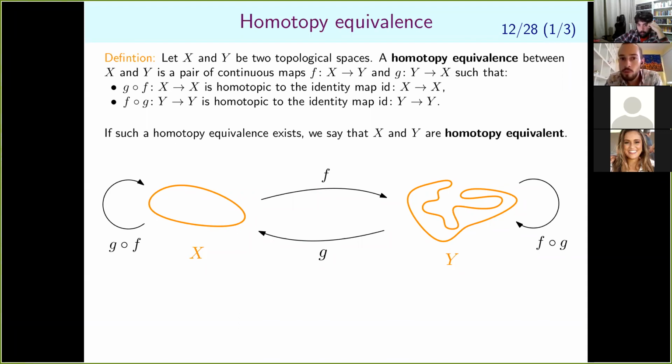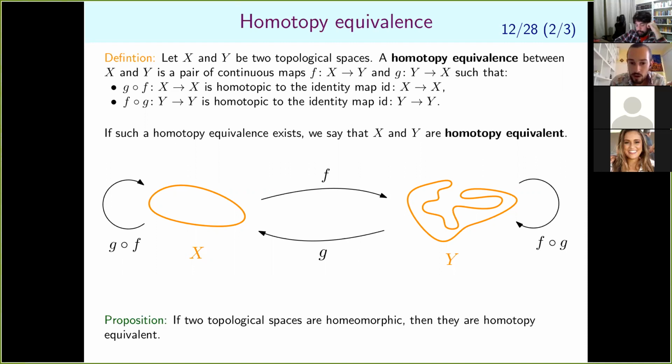And so homotopy equivalence is, in some sense, a weaker notion than homeomorphism for the following reason. If I have two homeomorphic topological spaces, then they are homotopy equivalent. So let me give you some intuitions about that.